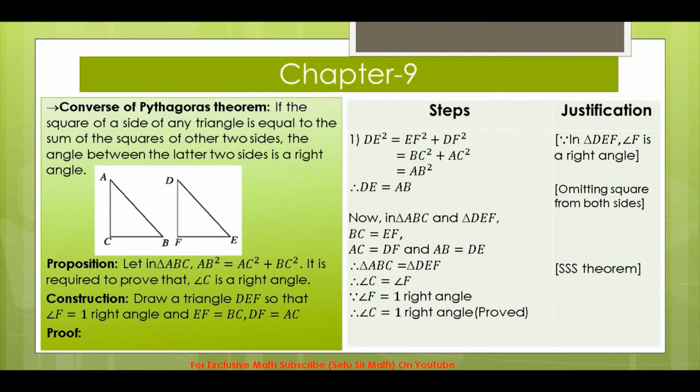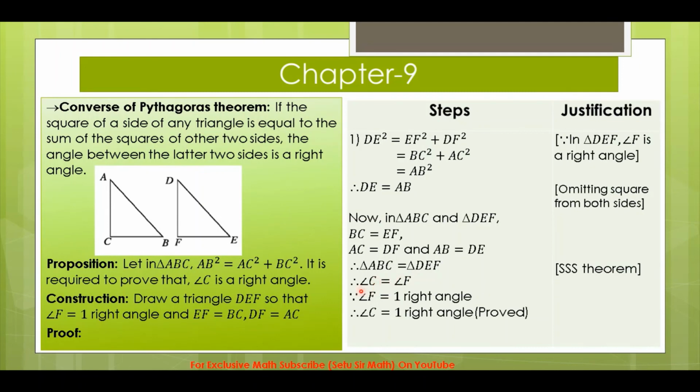Now in triangle ABC and triangle DEF, BC equals EF, AC equals DF, you can see from the figure, and AB equals DE, and this is the SSS, side side side criterion. So we can write triangle ABC is congruent to triangle DEF.